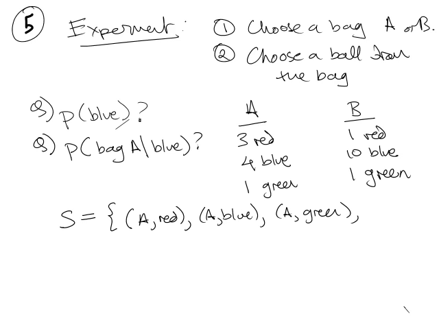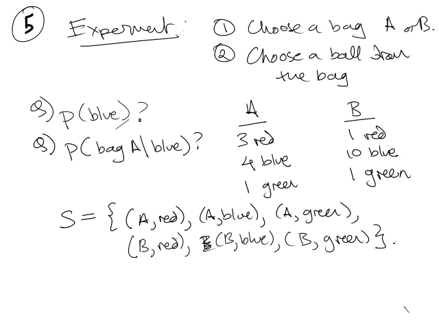There are 2 things in the experiment, which bag and which color, so I'm just going to make all combinations of these things: B red, B blue, and B green.